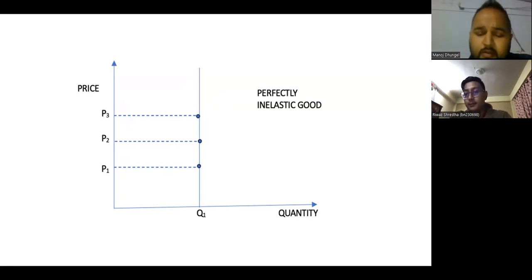Yes, this is demand. And looking from the supplier side also, suppliers want to sell the maximum quantity at a high price. When the price increases, suppliers want to supply more quantity. At P1 they will supply Q1 quantity. At P3 they will supply Q3 quantity.